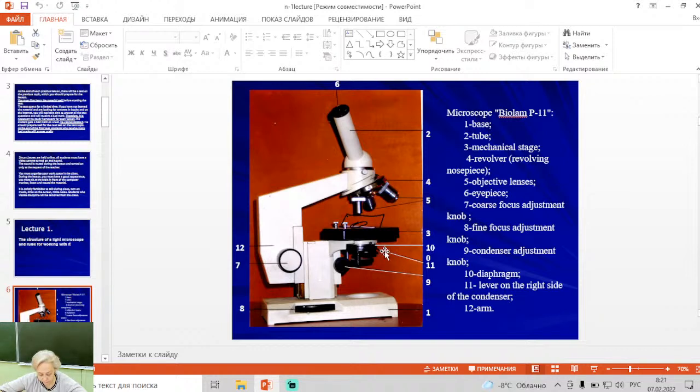The diaphragm is used to regulate lighting. With a special lever on the right side of the condenser, it is possible to change the position of the diaphragm plates relative to each other and reduce or expand the hole in the diaphragm. This allows you to adjust the intensity of the light and make the image more contrasted.